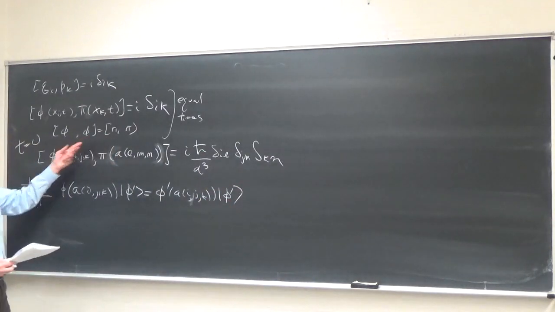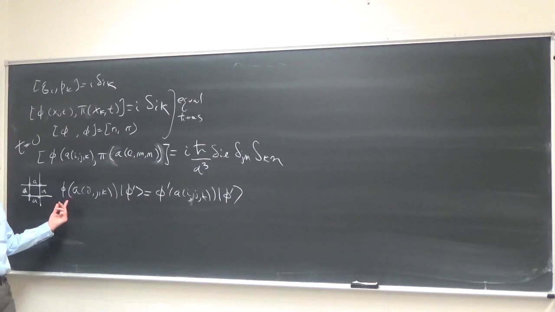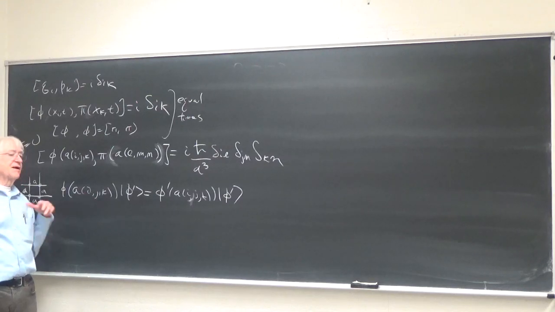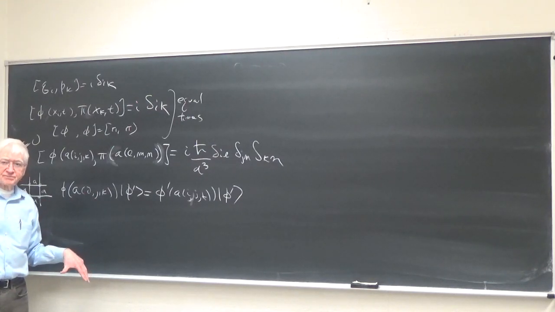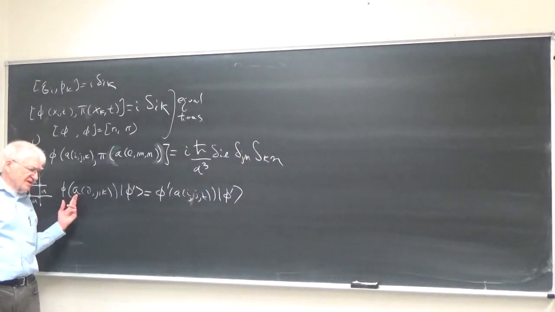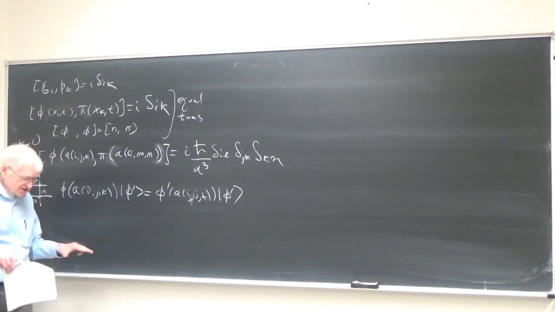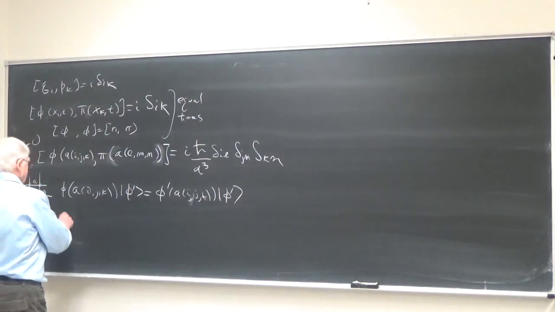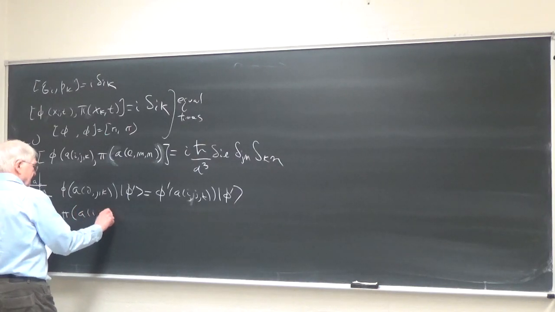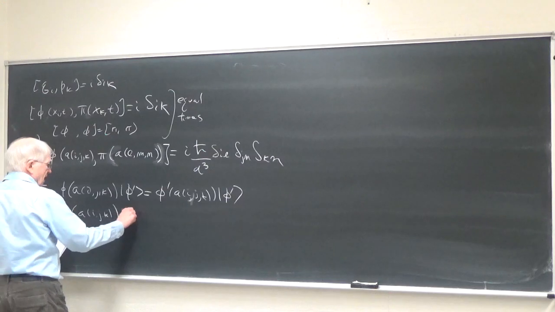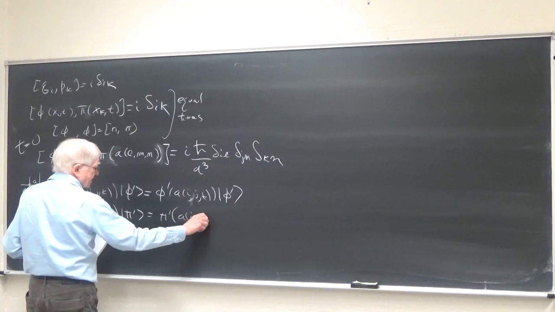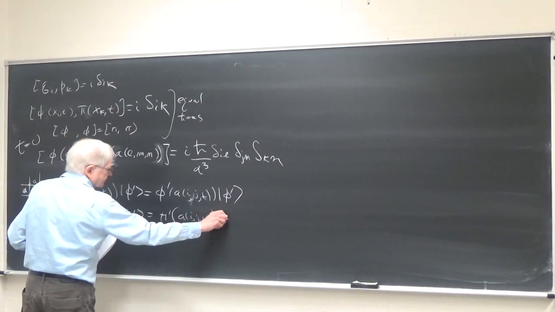Now, since the fields commute at equal times, you can have eigenstates that are simultaneous eigenstates of the field at all the lattice points. So this is an eigenstate of all the field operators at all the lattice points at one time. Similarly, we can have pi of A ijk with eigenvalue pi prime of A ijk.